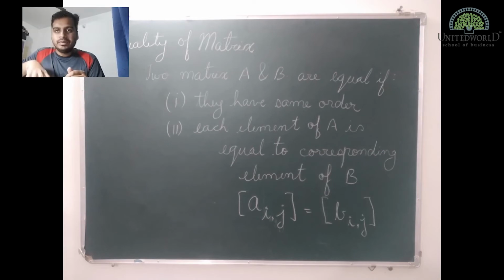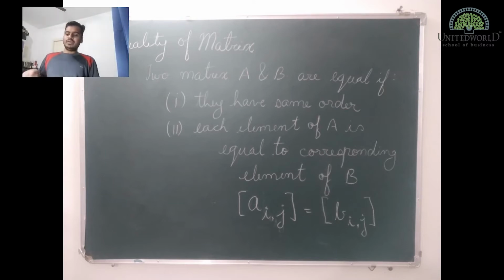Corresponding element means कि हमने एलिमेंट का पोजीशन देखा था लास्ट क्लास में कि किसी भी मैट्रिक्स में 1,1 मीन्स फर्स्ट रो फर्स्ट कॉलम में कौन सा एलिमेंट है, 4,3th एलिमेंट मीन्स फोर्थ रो एंड थर्ड कॉलम में कौन सा एलिमेंट है. सो द कॉरस्पॉन्डिंग एलिमेंट्स इन द टू मैट्रिक्स मस्ट बी इक्वल. 1,1 में फर्स्ट रो फर्स्ट कॉलम में जो एलिमेंट ए मैट्रिक्स में है वही बी मैट्रिक्स में भी 1,1 पे होना चाहिए. सो ये दो कंडीशन अगर कोई भी दो मैट्रिक्स फुलफिल करता है, सो देन दे आर सेड टू बी equal matrix.